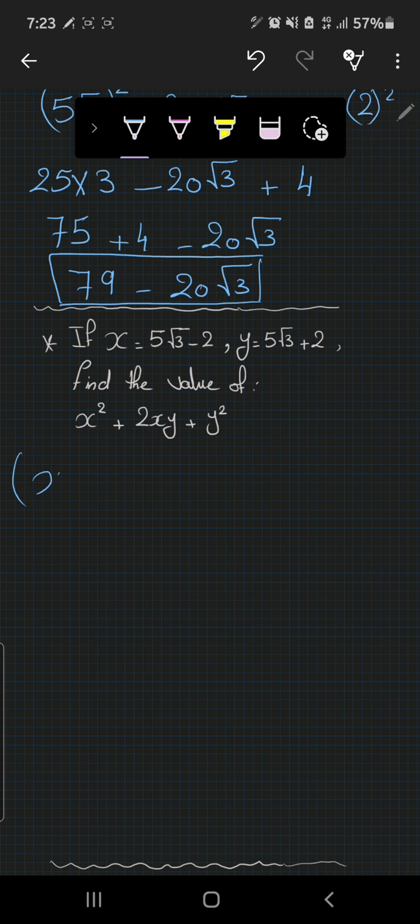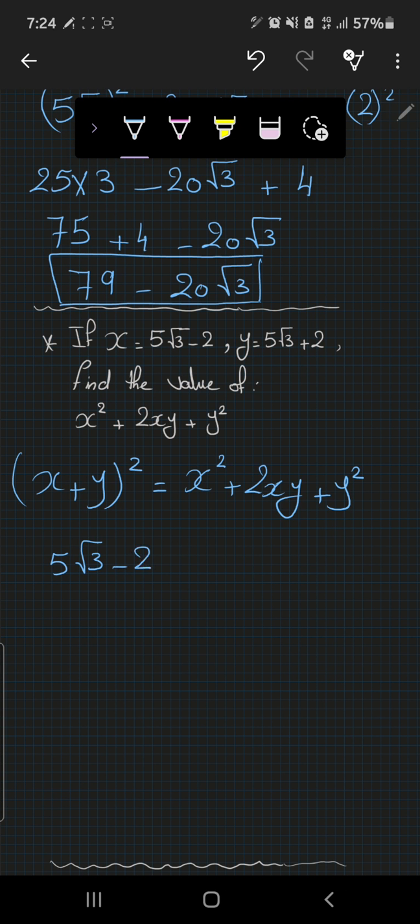So x plus y all power 2 equals the value he wants to know. Okay, by substitution, x is 5 root 3 minus 2, plus y, 5 root 3 plus 2, all power 2, don't forget.